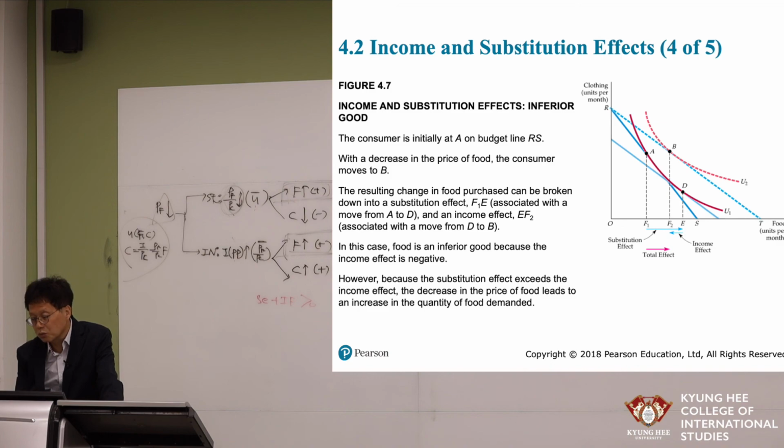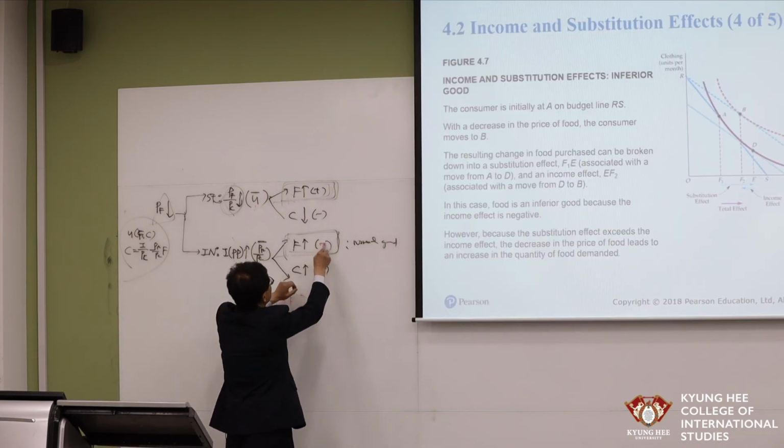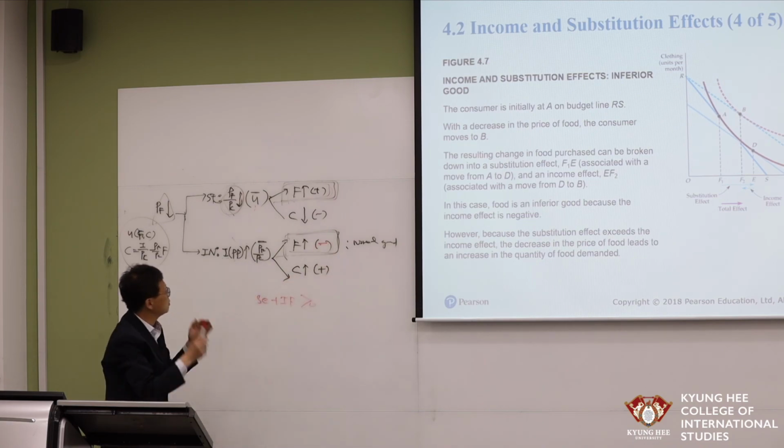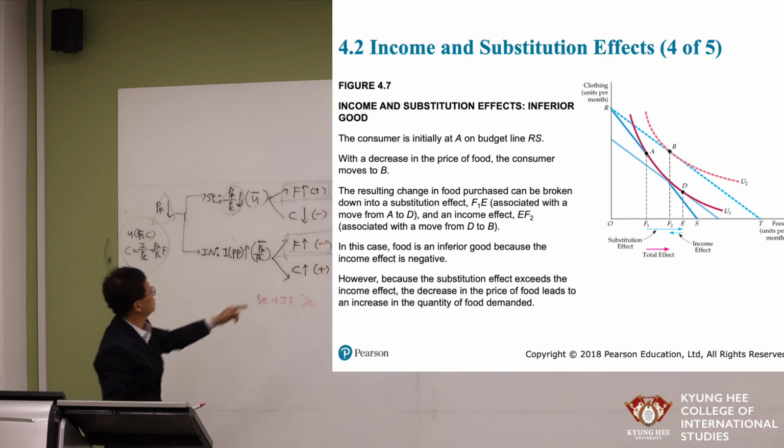When you're moving D to B, consumption of food decreases by F2E, right? So this one is negative. The income effect is negative. Moving from D to B, demand for food decreases.